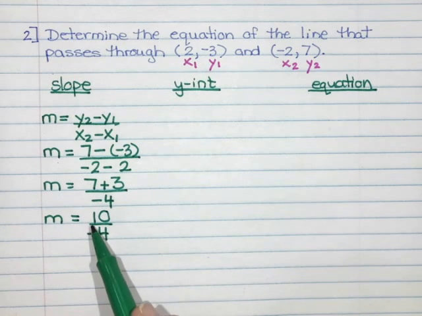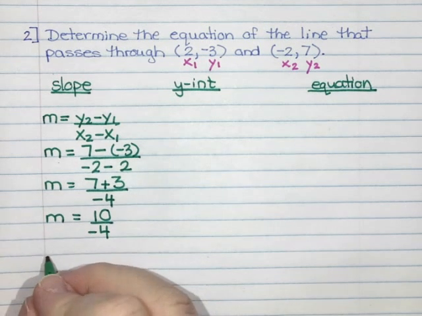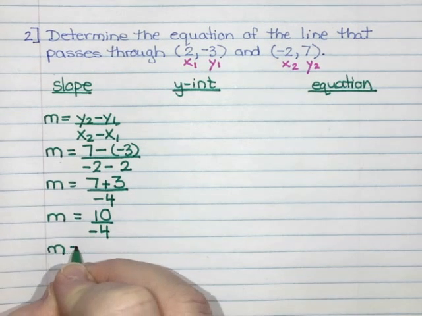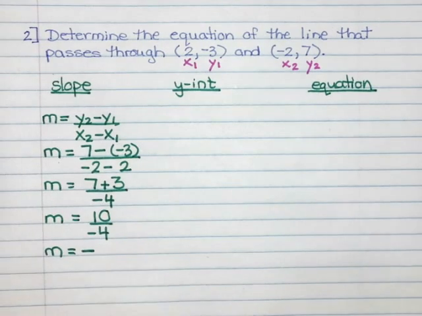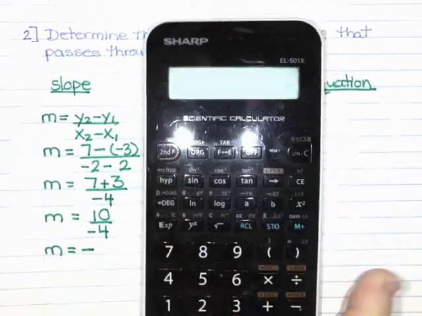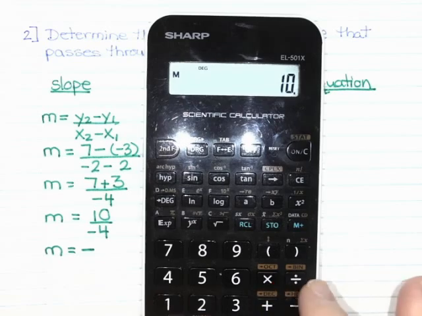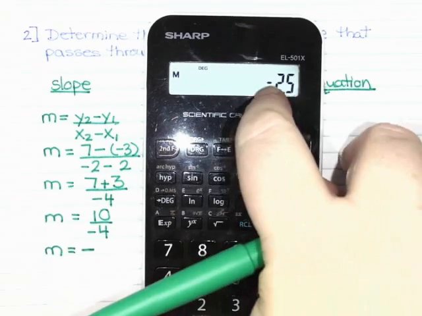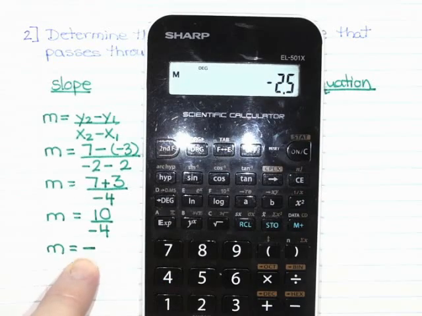So first thing I'm going to do is think about the sign. This is +10 divided by -4. A positive divided by a negative makes a negative. If you have trouble remembering those rules, you could try on your calculator doing 10 divided by -4, and I see that I get a negative answer, so I know that it's going to be negative.